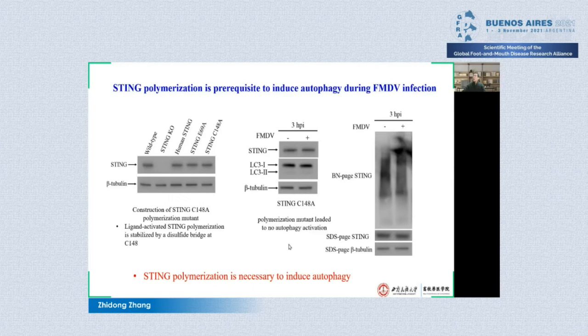This result was further confirmed by a native PAGE result, which showed that FMD infection can lead to STING polymerization. So this result indicates that STING polymerization is necessary to induce autophagy activation.